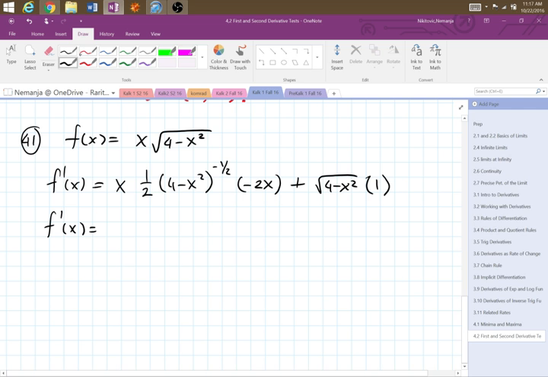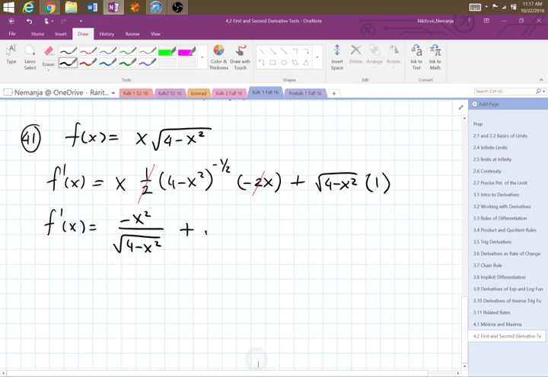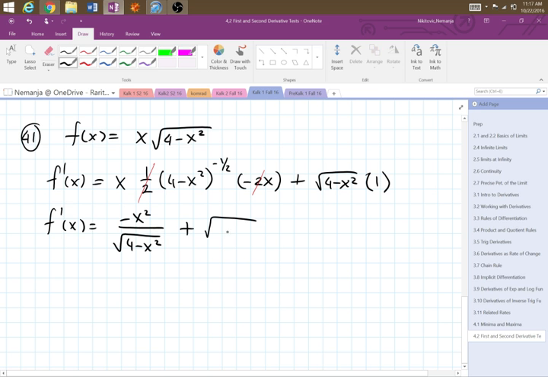So now the half and the 2 will cancel. I have negative x squared divided by the square root of 4 minus x squared plus square root of 4 minus x squared.